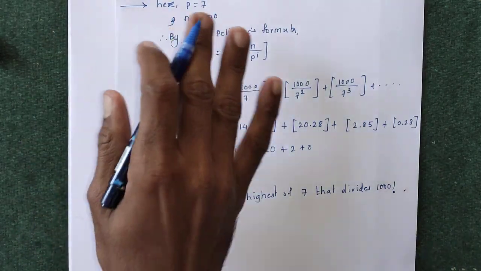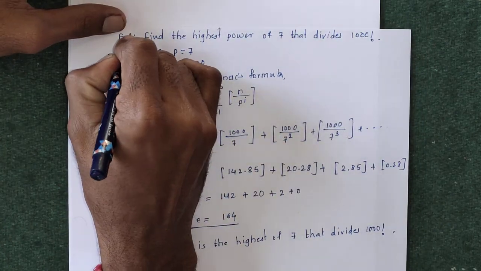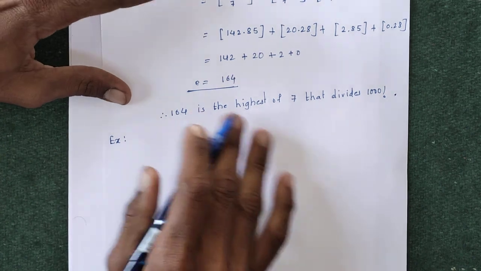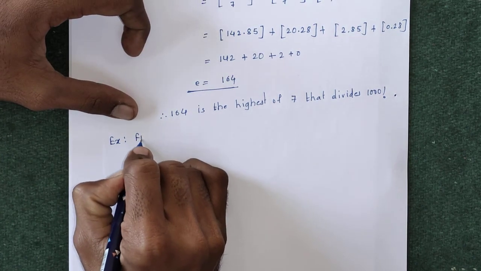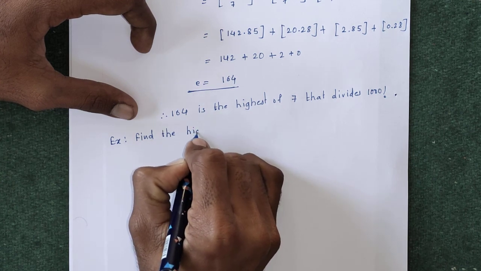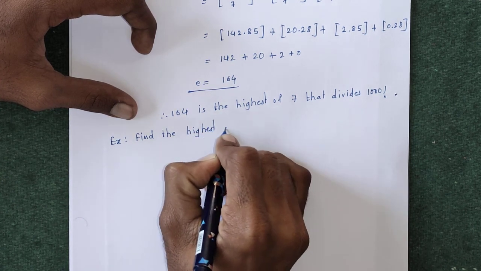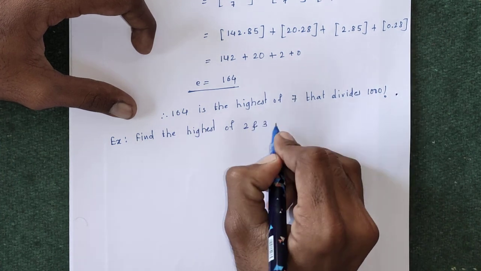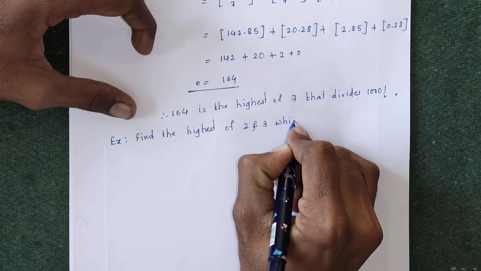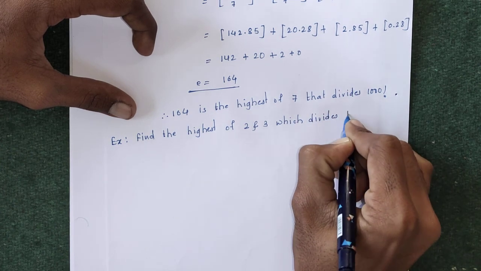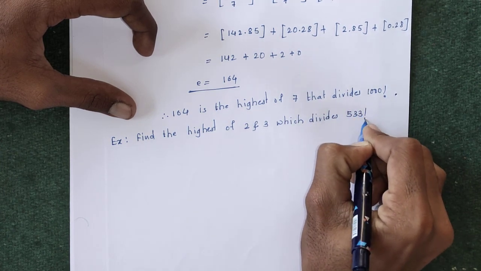Now the second example is: find the highest power of 2 and 3 which divides 533 factorial.